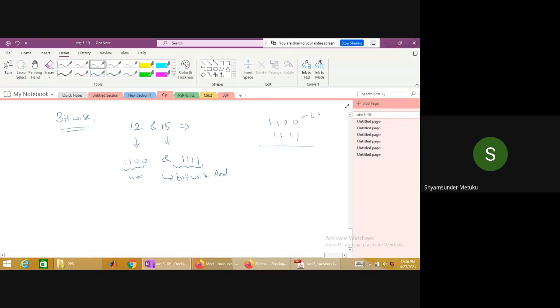Always from the LSB you need to start. This is LSB. This is MSB. So we will perform only between these two first. 0 and 1, what is the result? Zero. AND means both should be 1, no. Yes, sir.